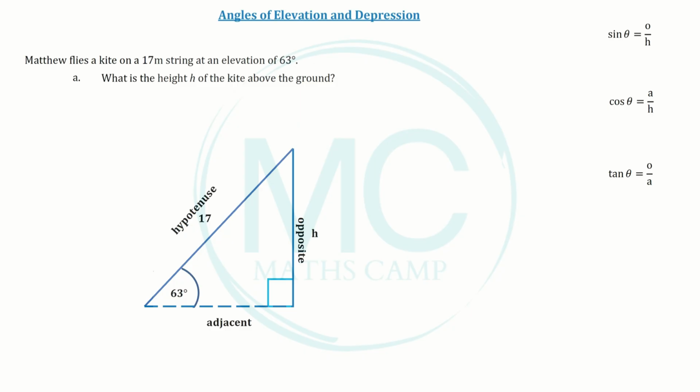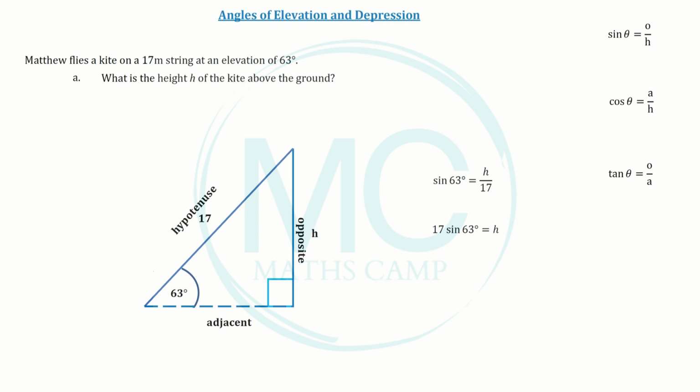So now we can say sine, our angle, 63 degrees, is equal to the height of the kite, let's call it h, over the hypotenuse, which is 17 meters. To get h by itself, let's multiply both sides by 17, and we get 17 multiplied by sine 63 degrees is equal to h.